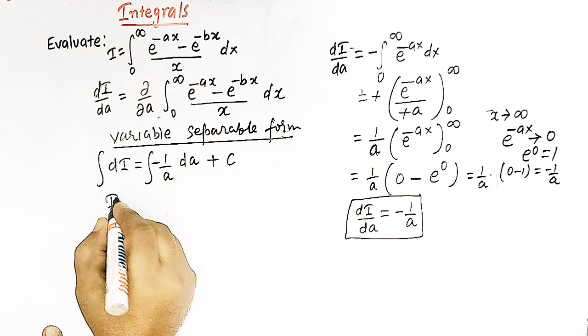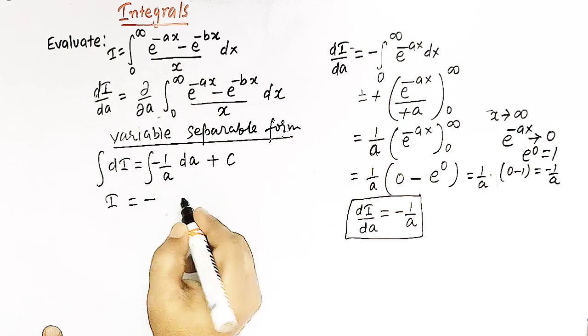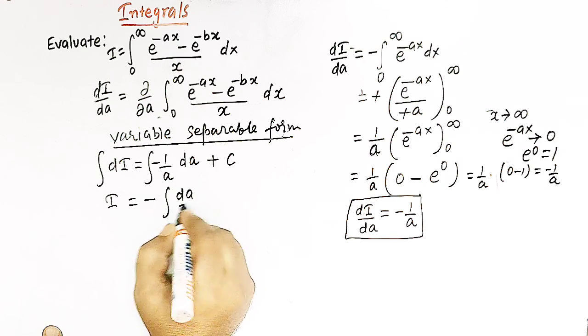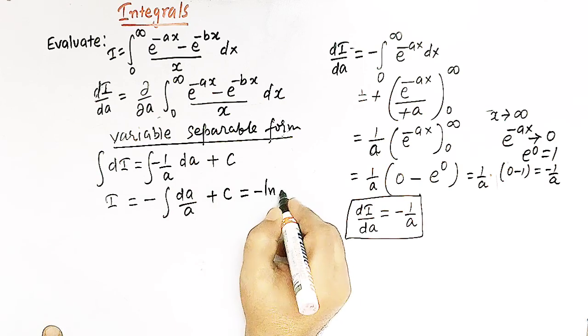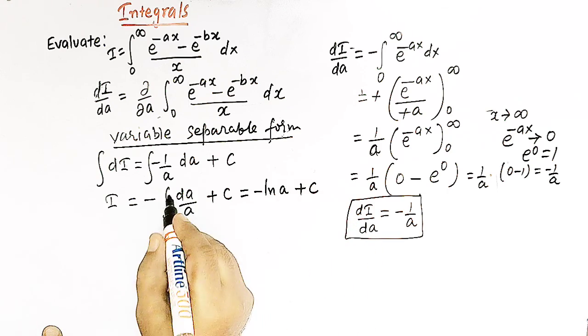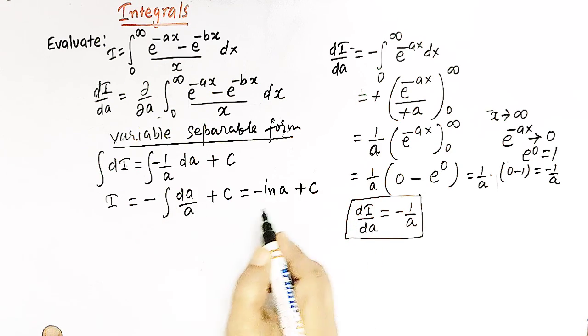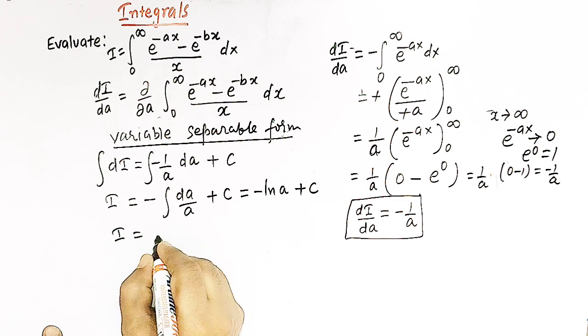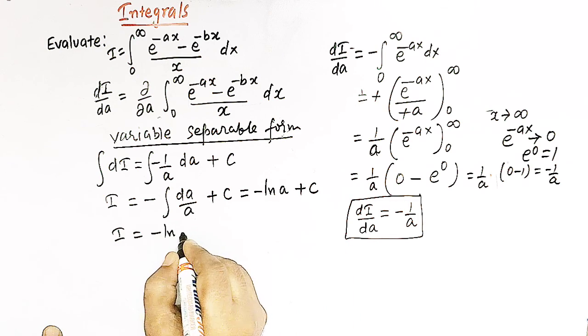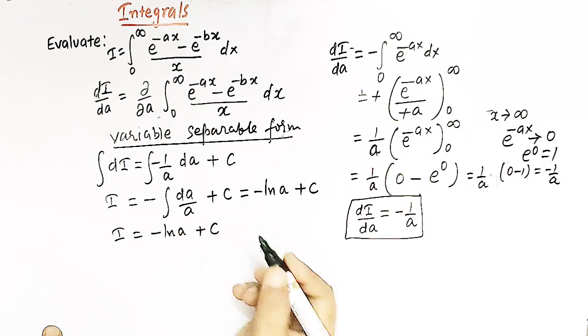So here we have I, and here we have minus integral dA over a plus c, that is minus logarithm of a plus c. So the integral dA over a is natural log of a. So here we have I is equal to minus natural log of a plus c, right?